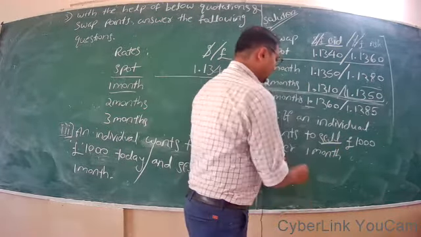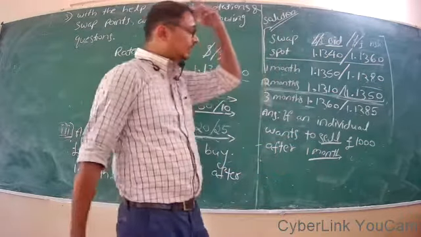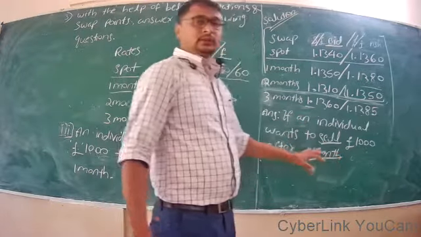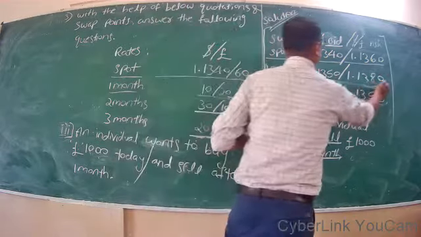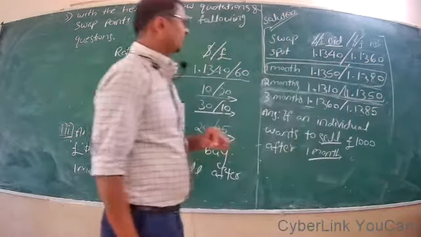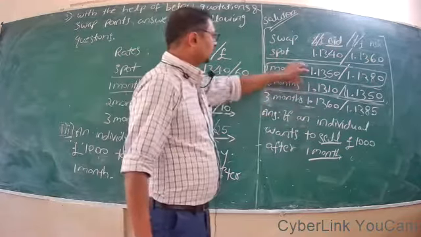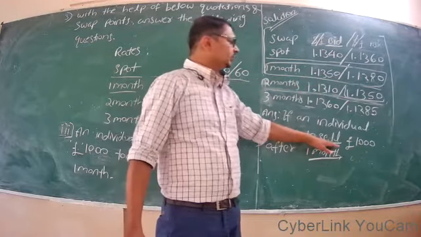He is going to sell after a 1 month time period given in the problem, right? So after 1 month, in the above outright rates, we need to focus on the 1 month forward rates, the 1 month outright rate. It is the two-way quotation. He is going to sell.